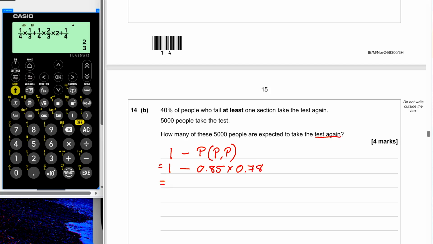So that's going to give us 1 minus 0.85 times by 0.78. And that's fine, to be fair. We could do it as a decimal, but there's no advantage to converting it to decimal. So that's the probability of somebody failing at least one section in the test.